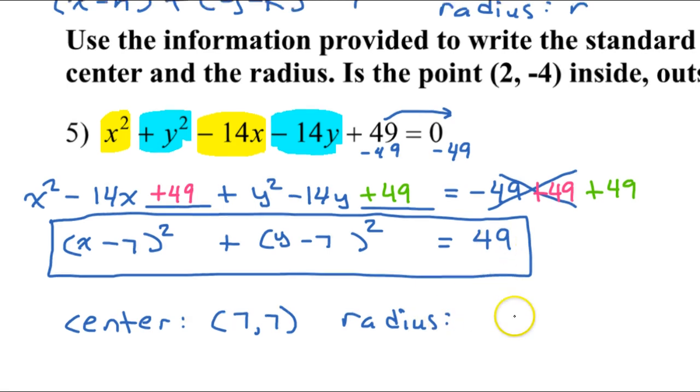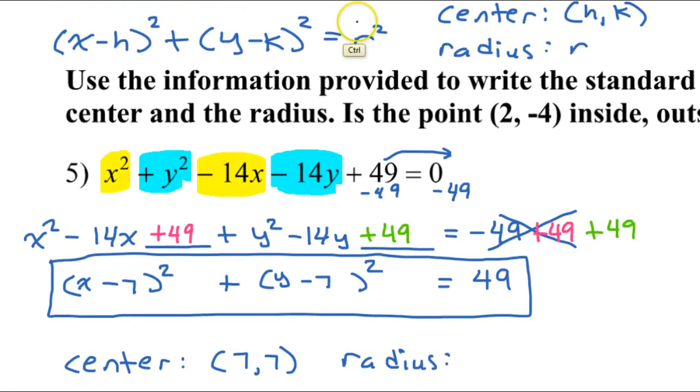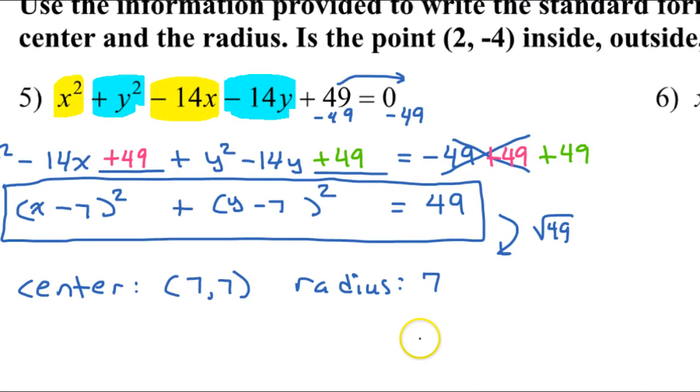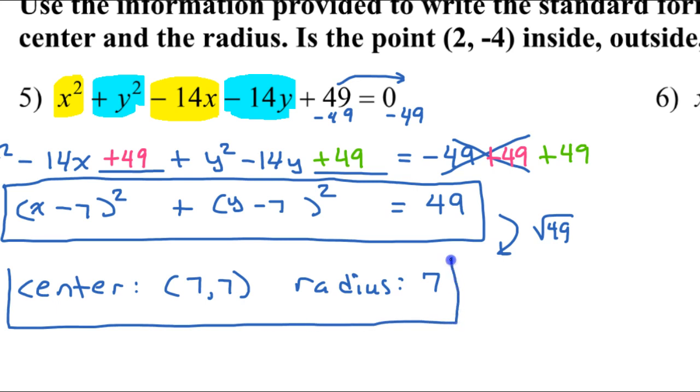Remember, this position is the radius squared. 49 is 7 squared, so that means the radius must be 7. You can think of it as taking the square root of 49 if it makes you feel better. But anyway, we now have found the center and the radius.